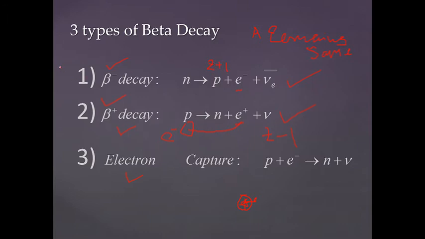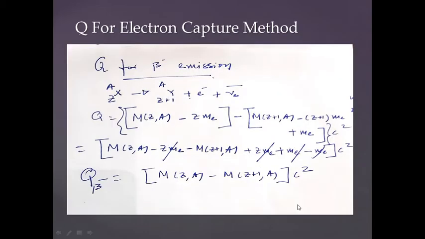So in this process, Z increases by 1 unit, in this Z decreases by 1 unit, and this also decreases by 1 unit. So in equations 2 and 3, the daughter is the same, while in equation 1, the daughter is different from the rest of the two.